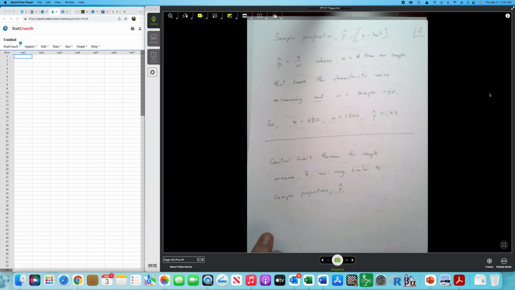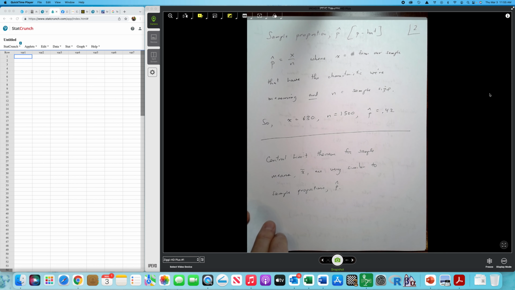Now, a little bit more about that. A sample proportion is described, in the notation, as p hat. It's p with the predicted thing above it, but we're really not predicting anything. It's just a different context than what we saw with the y hat back in regression.